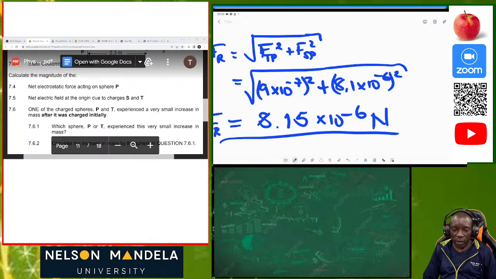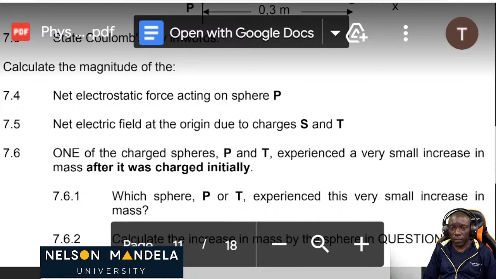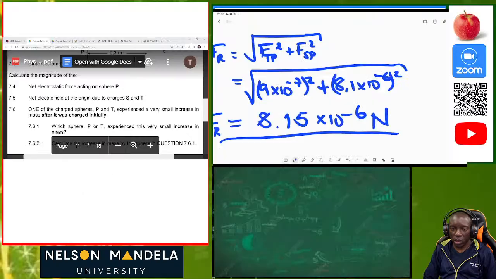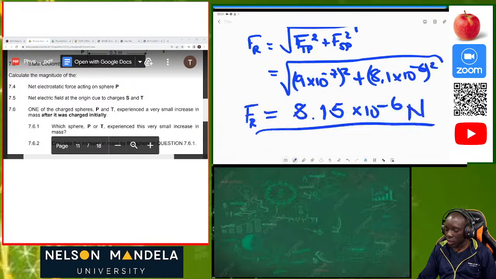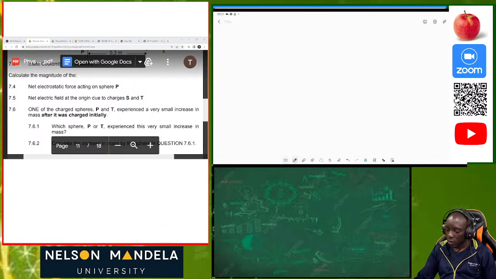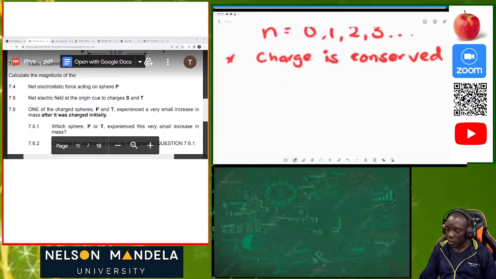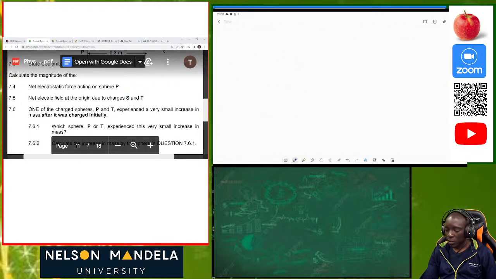And in the next part, the net electric field at the origin due to charges S and T. So now what is needed is to know the relationship between force and electric field. So know that electric field, we say this is a vector.